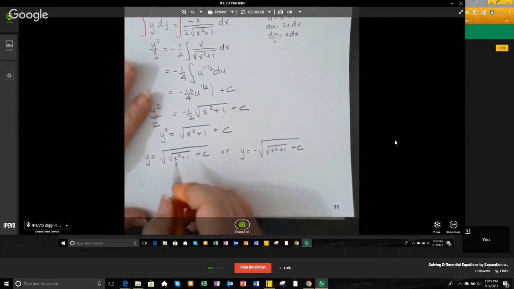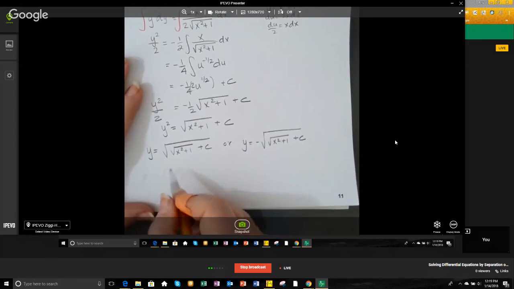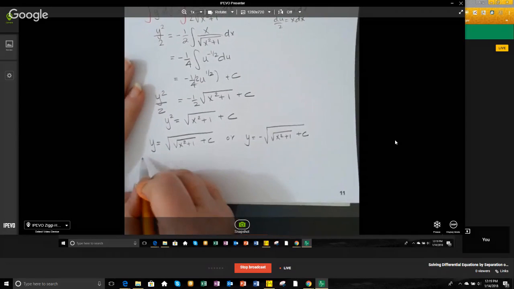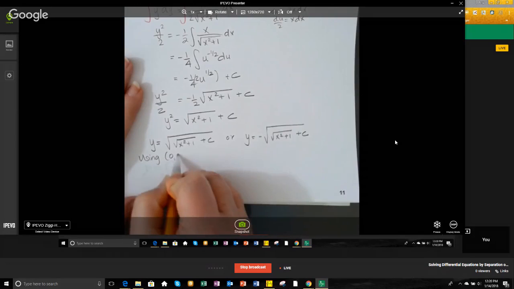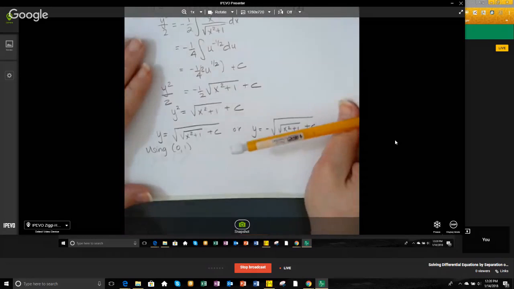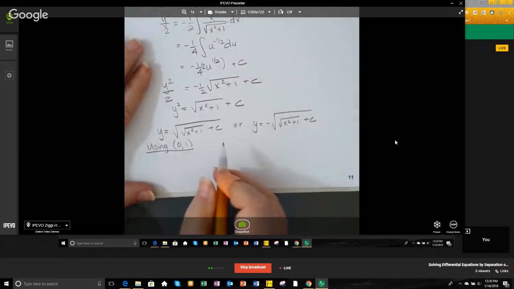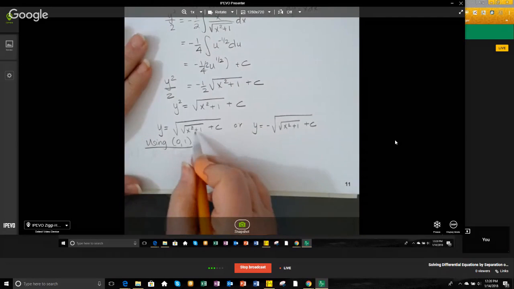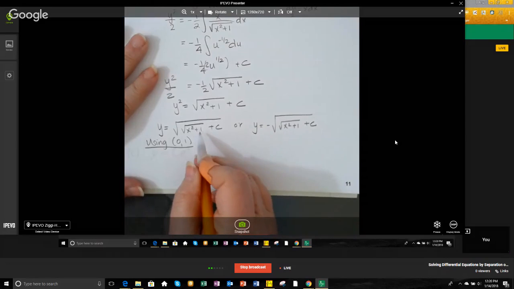And we want the one that's passing through (0, 1). Because that's what they gave us up here. So to do that, we're going to solve. And since y is positive, I hate to keep using the positive one, but we're going to put it up here.